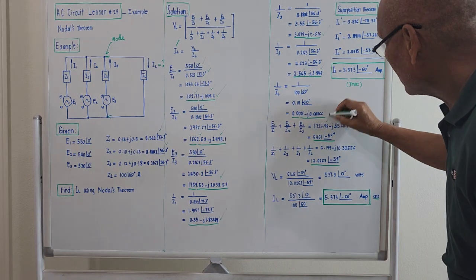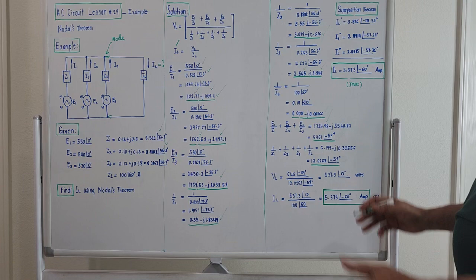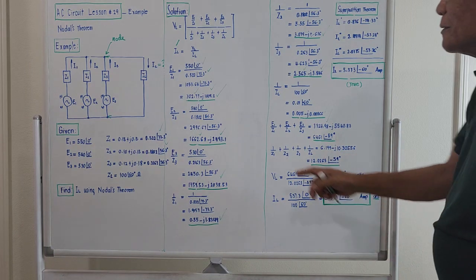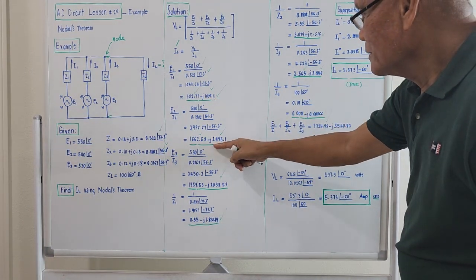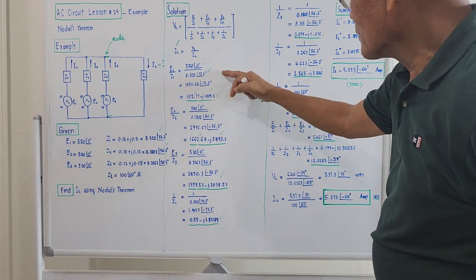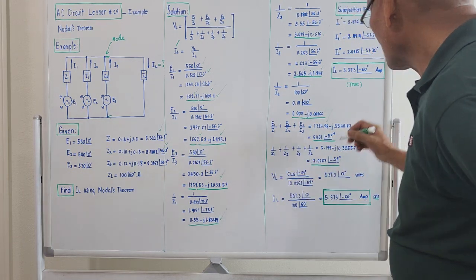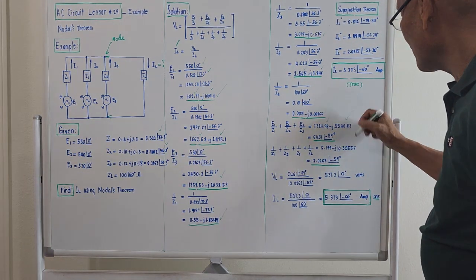The sum is actually 3324.98. That's the real part. And for the imaginary part, this is negative, negative, is negative. So just take the sum of 1009, 2493, and 2038. That will be 5540.83.